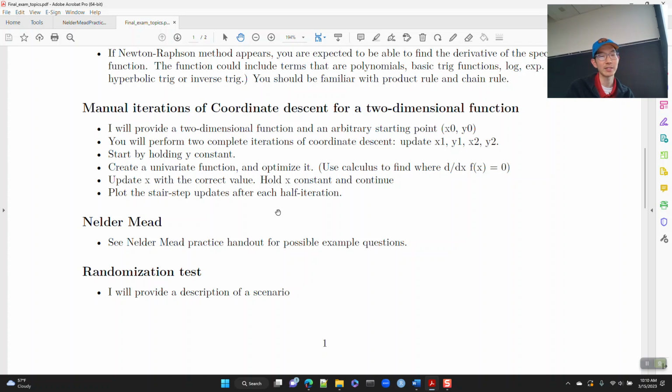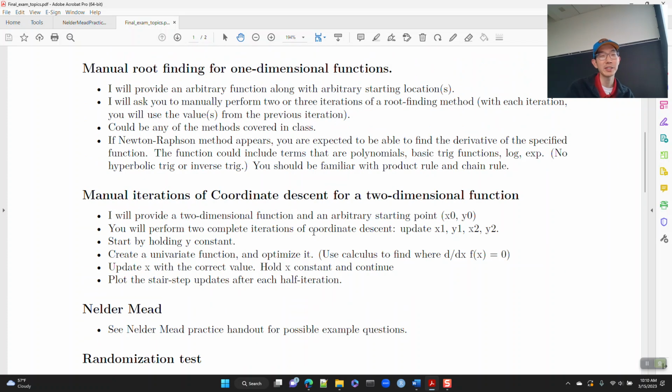Questions about either of these manual methods? This is where you'll want your calculator to get the number that you plug into your next step.